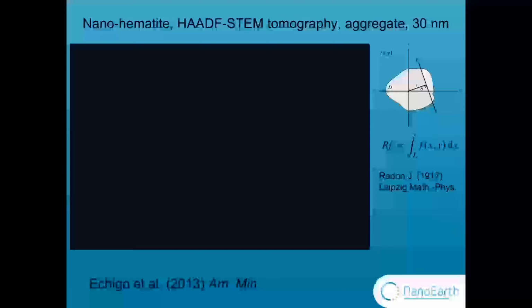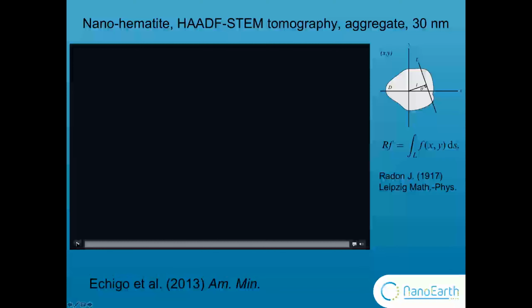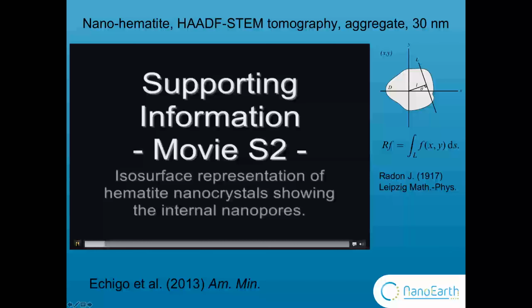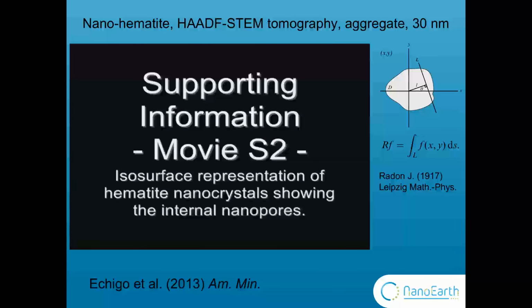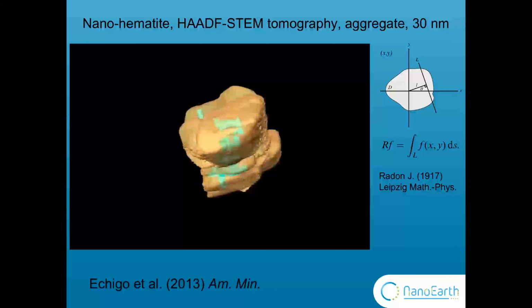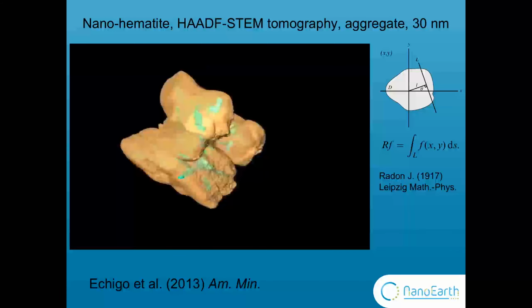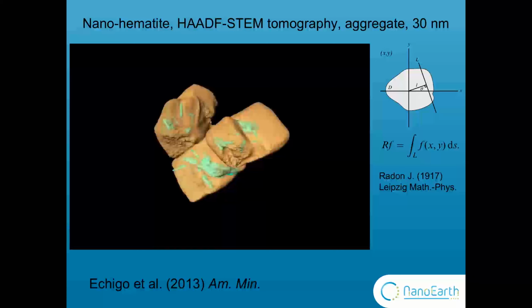To actually look at stuff like this really close up, we can do electron tomography, which gives us a 3-dimensional look at how, in this case, these iron oxide particles look, the ones I was just graphically showing you. This is what they look like in 3 dimensions. And we would call that dissolved?